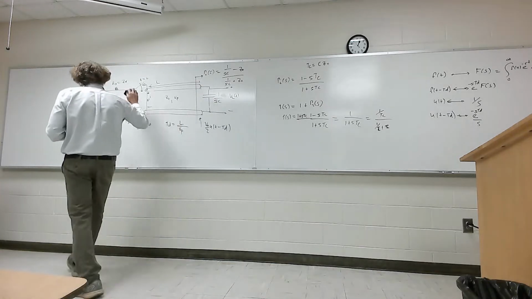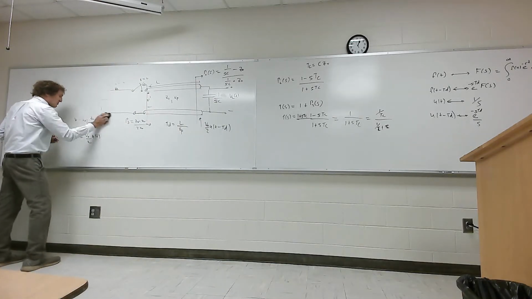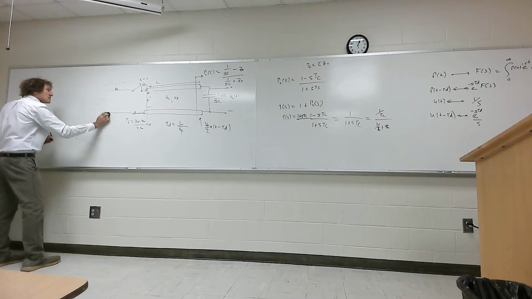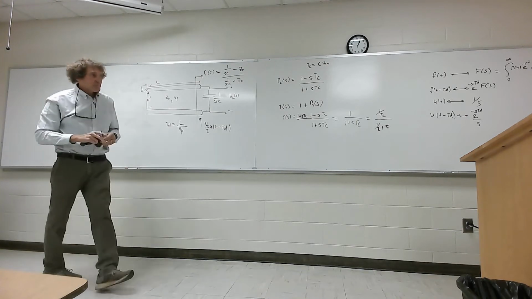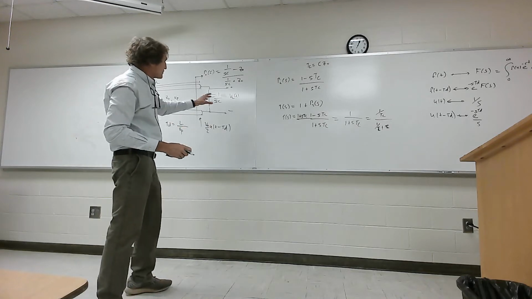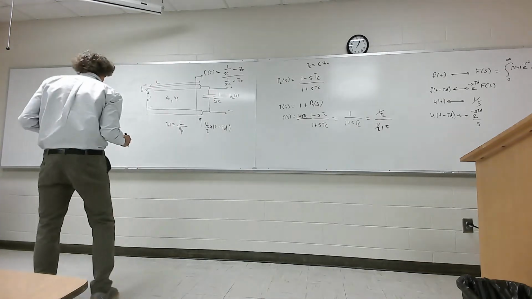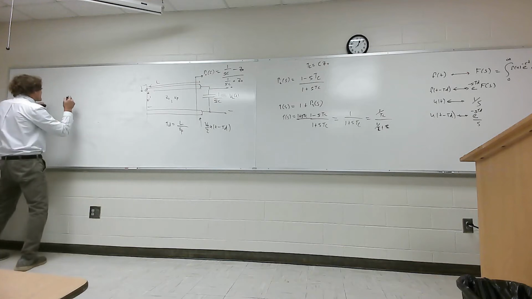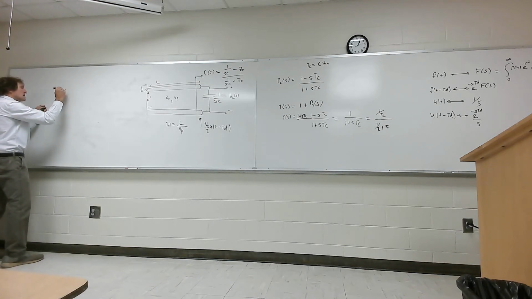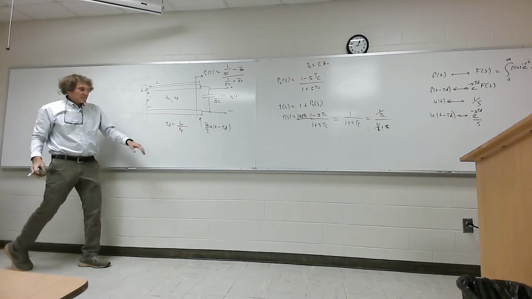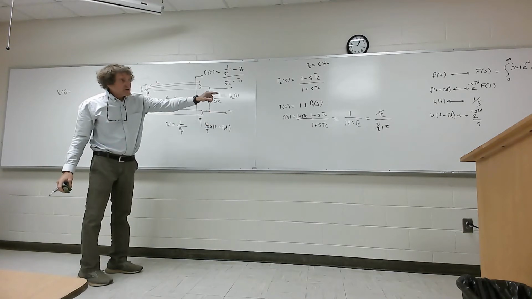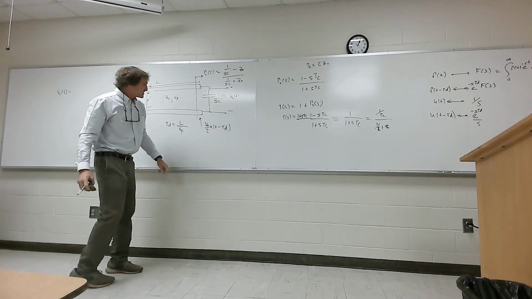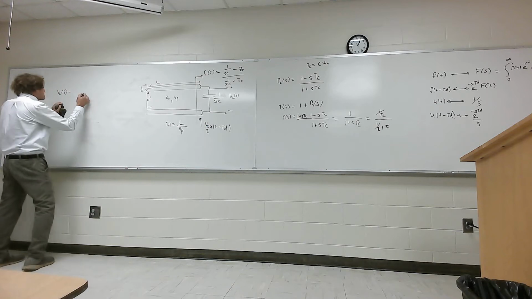I'm going to come over here, work this part of the board. So now, coming over here, I'm going to say that the actual voltage developed in the S domain, in the load, is going to be this waveform, but transformed. So you see that the u of t minus td transforms as e to the minus s td divided by s, and it's got the V naught over 2 in front of it.